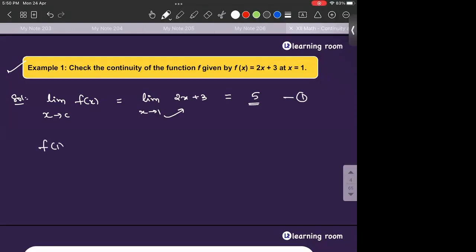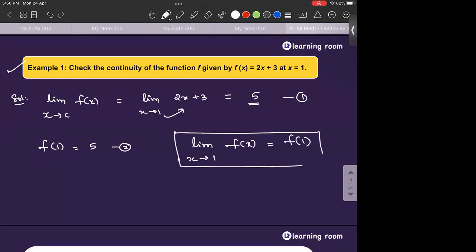What is f of 1? f of 1 is 5. Am I right? So f of 1 is going to be 5. Let this be 2. So if you observe, limit x tends to 1, f of x and f of 1, they both are generating the same value, 5.